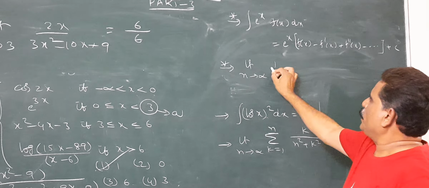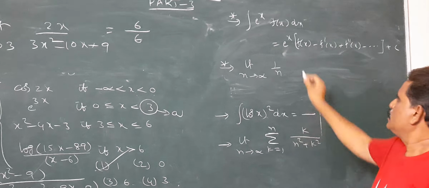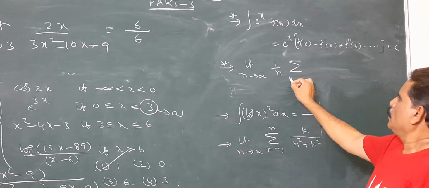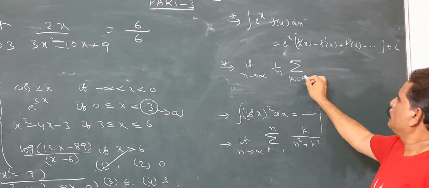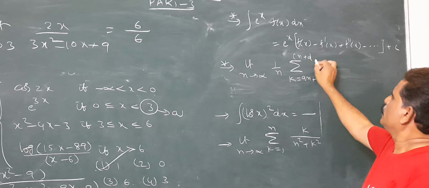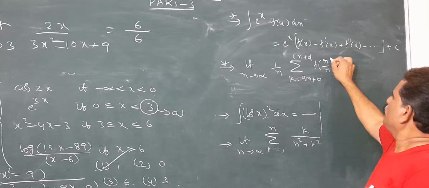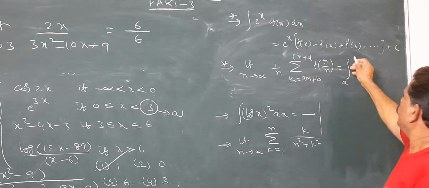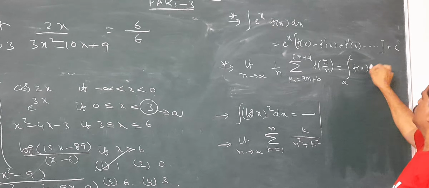Limit n tends to infinity, 1 by n sigma k equal to an plus b to cn plus d of f of k by n equals the integral from a to c of f of x dx.